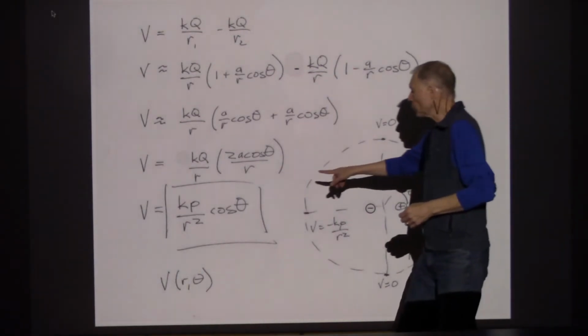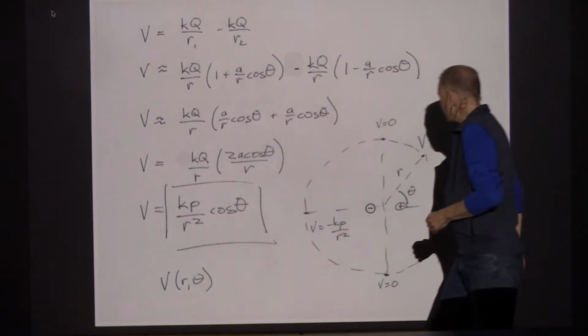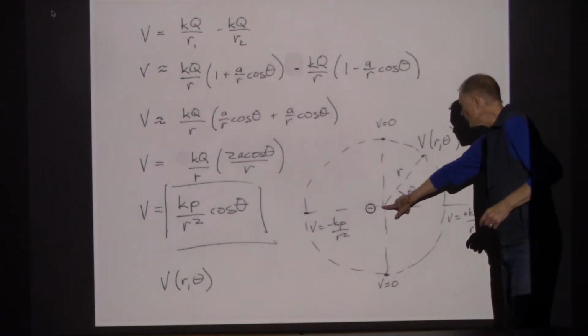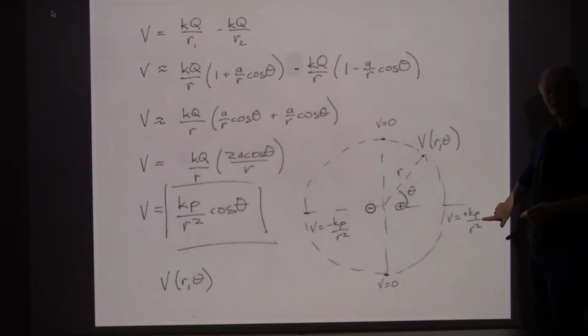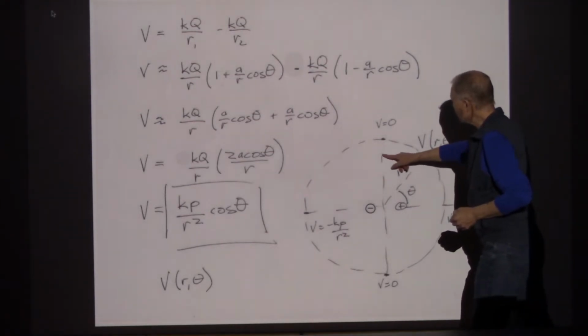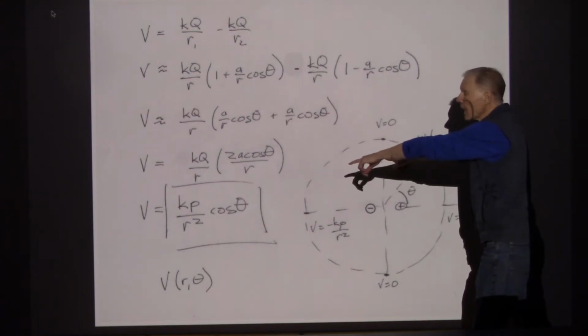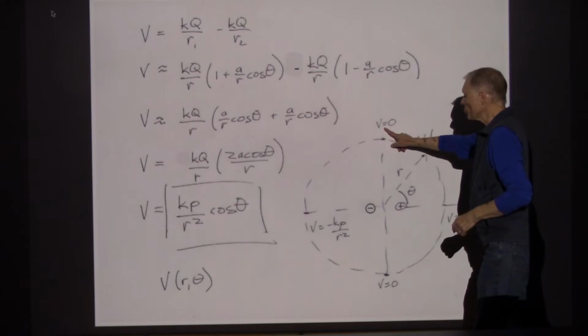What's also useful here is that the angular dependence is a cosine theta. That says that when theta is equal to 0, in the forward direction, the electric potential is going to be the largest value. As theta swings around towards 90 degrees, or pi over 2, that's where the potential is 0.